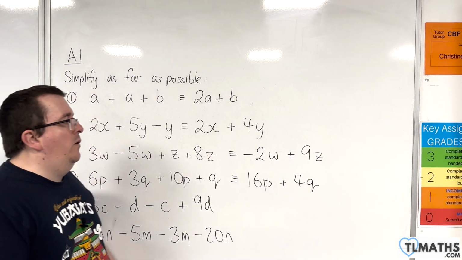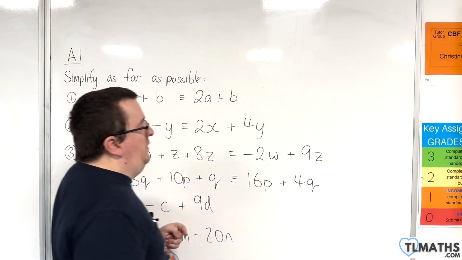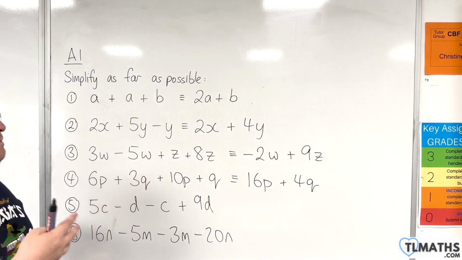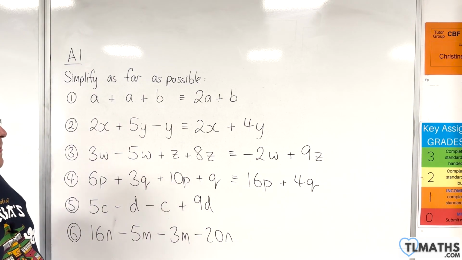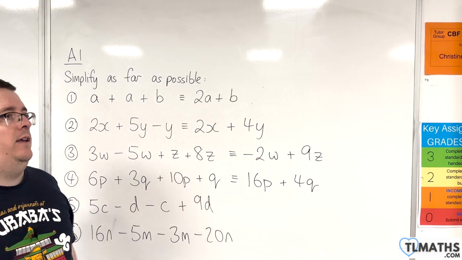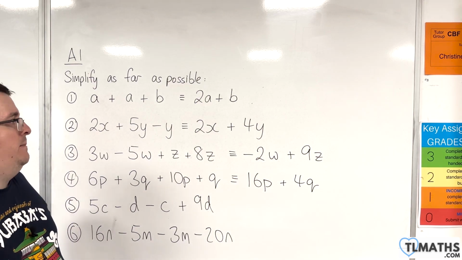Now you might be thinking, do I have to write these in a specific order? Do they have to be in alphabetical order? Well, generally no. Alphabetical order is probably, in the majority of cases, what we aim for.